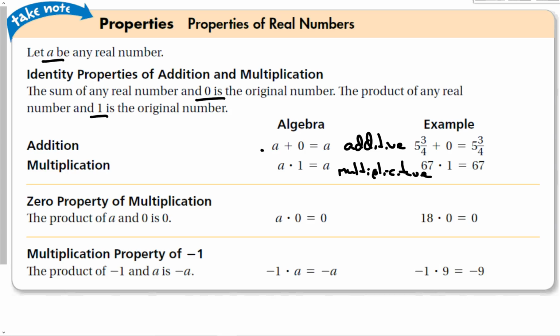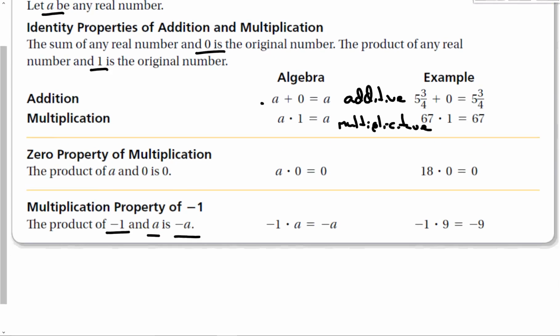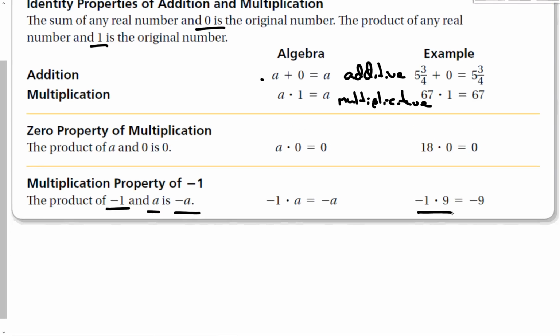The multiplication property of -1. Now you got to be careful with this one because the product of -1 and a is always the opposite of a. So just because you see a negative number there does not mean your answer is going to be negative. Let's look at a different example besides the one that they give us, which is pretty obvious that -1 times 9 is -9. What about -1 times -10?